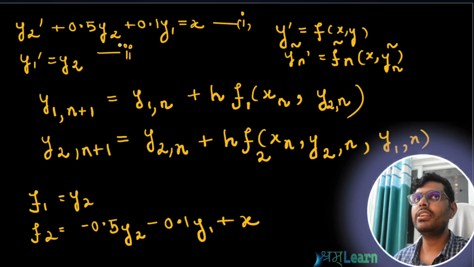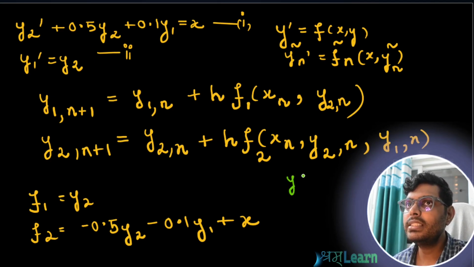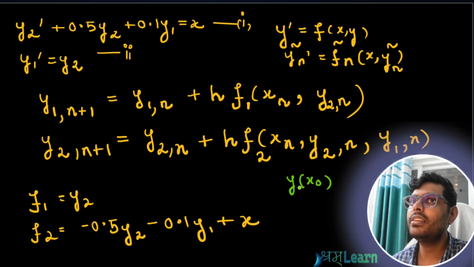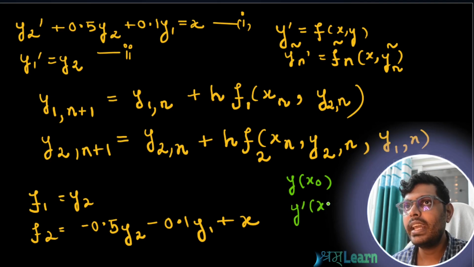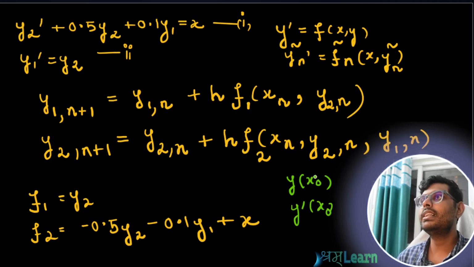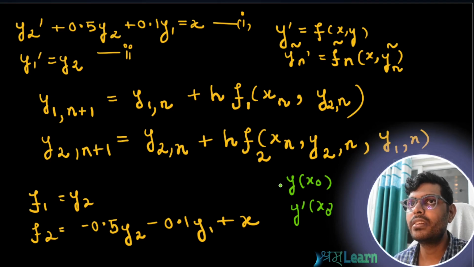What is the crude way? Initial conditions are also required. So initial condition, what is given? So initial condition is given y of x naught. Okay, x naught is given, y of x naught is given, and y dash x naught is given. So these are the initial conditions that I have. What are these initial conditions?